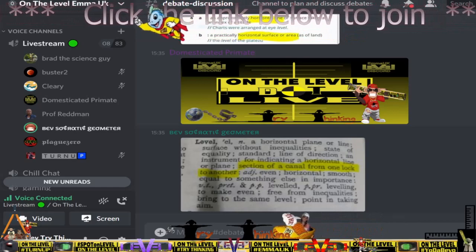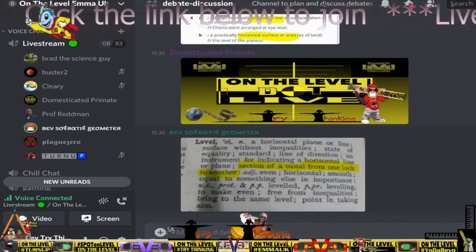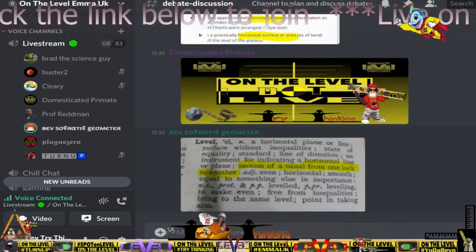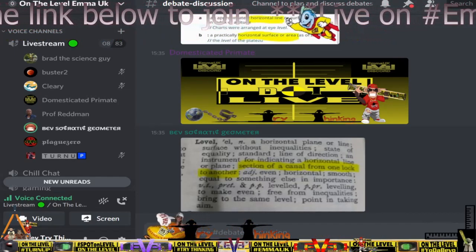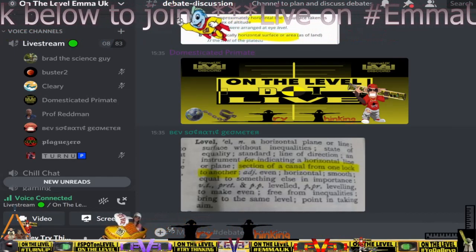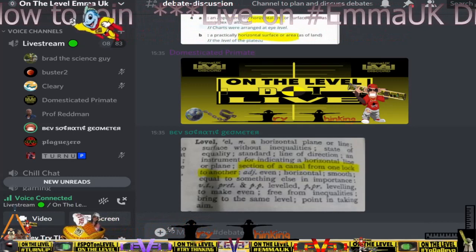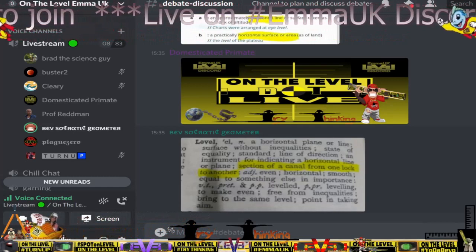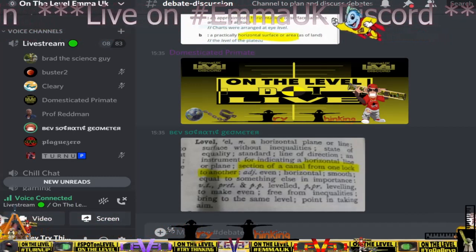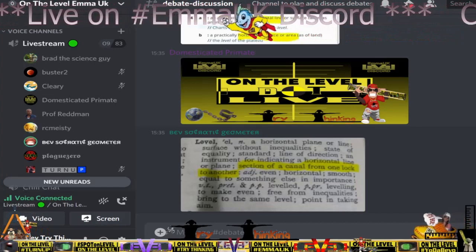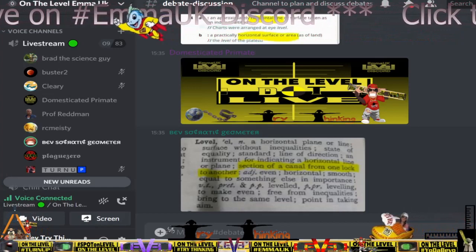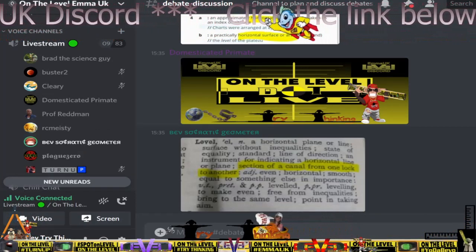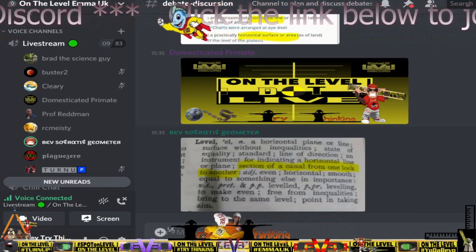Alright, this one, I like the one. The best one I've ever got is the one from Hyperborean. Shout out to Hyperborean for this one, because that's got a horizontal plane or line, surface without inequalities, state of equality, standard, line of direction, an instrument for indicating a horizontal line or plane, a section of canal from one lock to another.